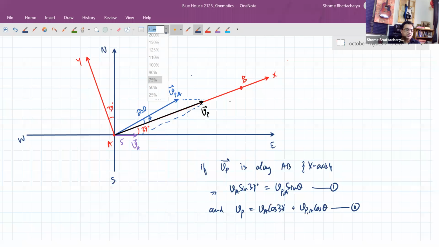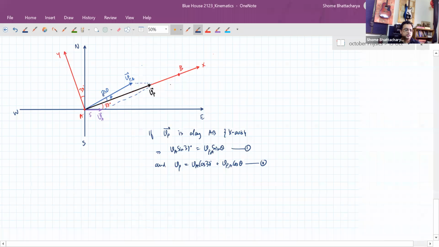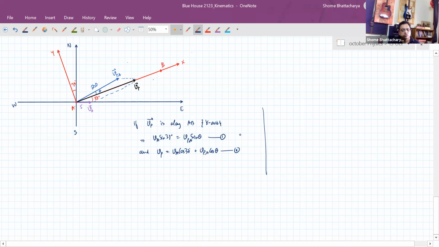So you can understand how it's happening by just thinking that you're resolving this. So how are we getting these equations?